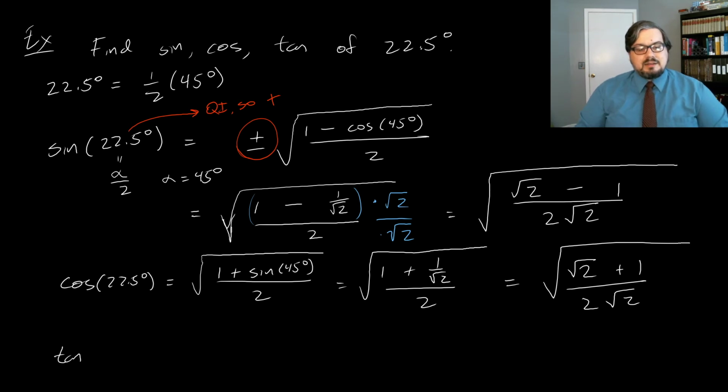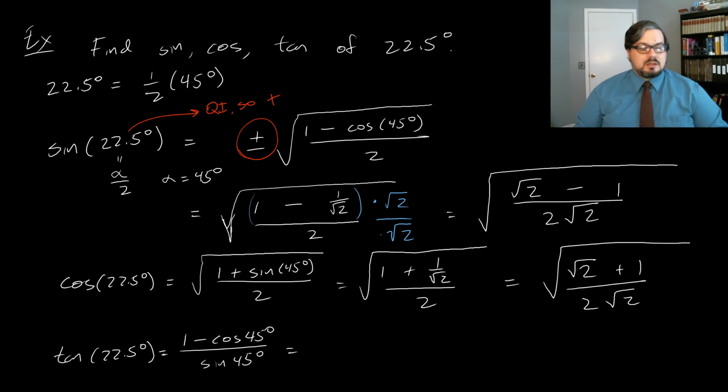And then finally, tangent of 22.5 degrees, we know is 1 minus cosine of 45 degrees over sine of 45 degrees. We had that on the previous one. And so this would be 1 minus 1 over square root of 2 over 1 over square root of 2.